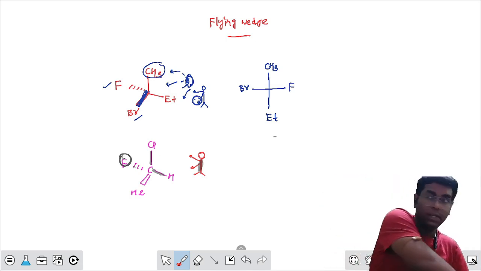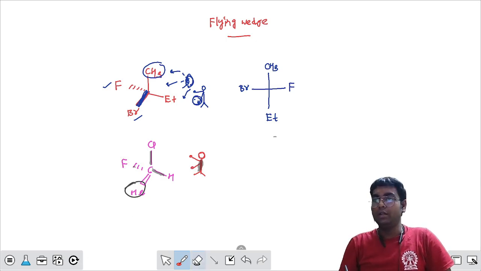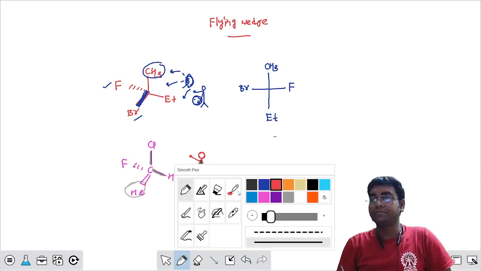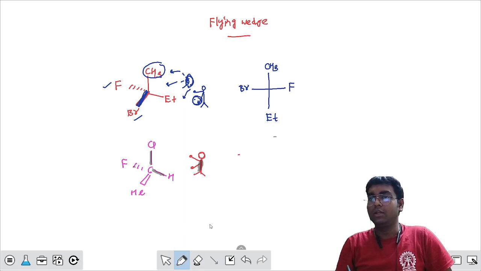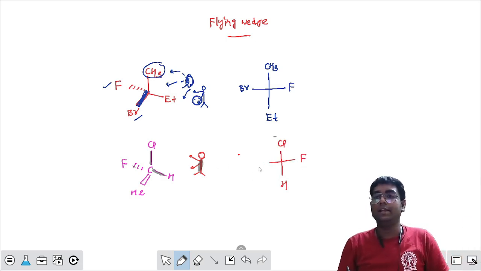Similarly, his right hand will see this fluorine atom, and his left hand will see this above the plane methyl. So let's draw this one. It will look like Cl and H on his body line, the right hand side is seeing the below the plane fluorine, and the left hand side is seeing the above the plane methyl.